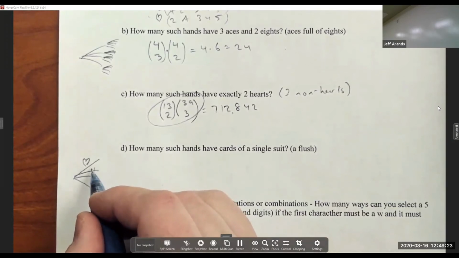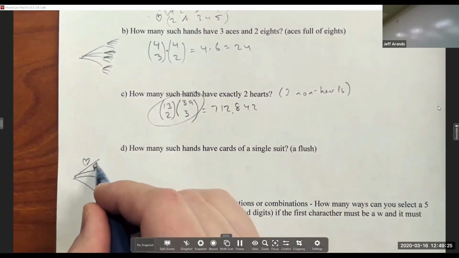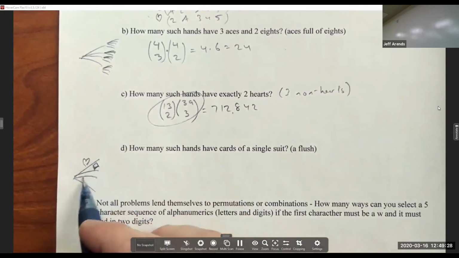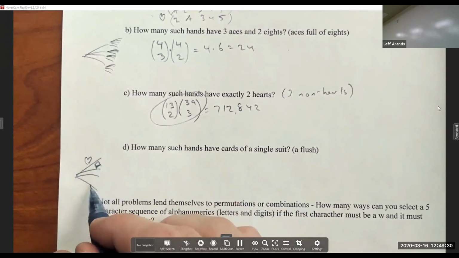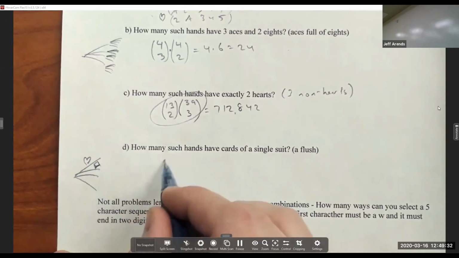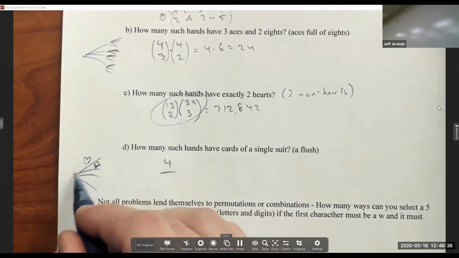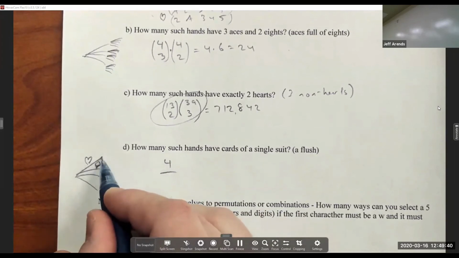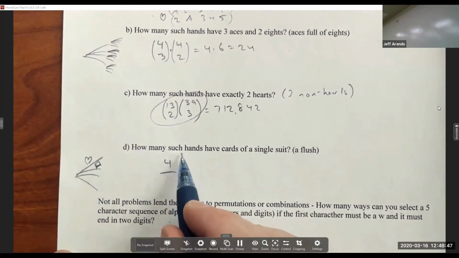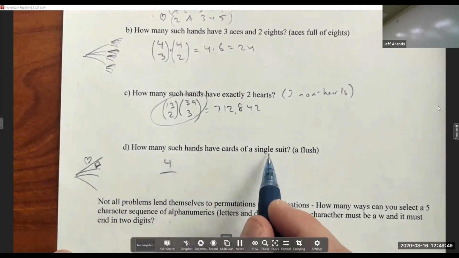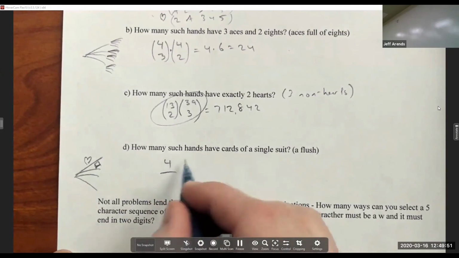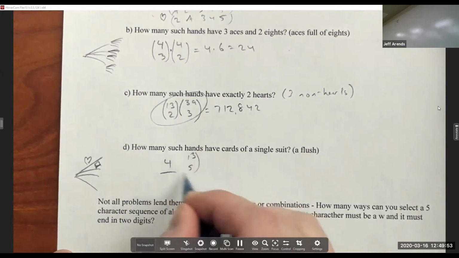Spades, clubs, diamonds. Diamonds are easy to draw. You can think of 4 different ways. We could branch off 4 different ways here and say there are 4 different suits. If I'm in this upper part of the branch, that means I'm talking about how many hands there are that consist entirely of hearts. There are 13 hearts, and we're choosing 5 of them.